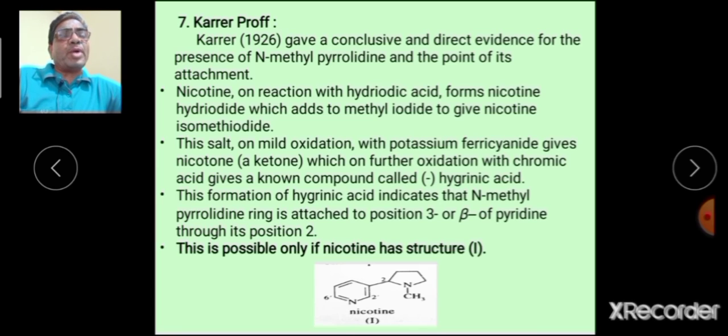The formation of hygrinic acid indicates the presence of the N-methylpyrrolidine ring in the side chain, and the point of attachment is 2. All this evidence is possible only when nicotine has structure 1, and structure 2 fails to give this type of evidence, and therefore this structure of nicotine is confirmed by its synthesis. First we will see the Karrer proof.